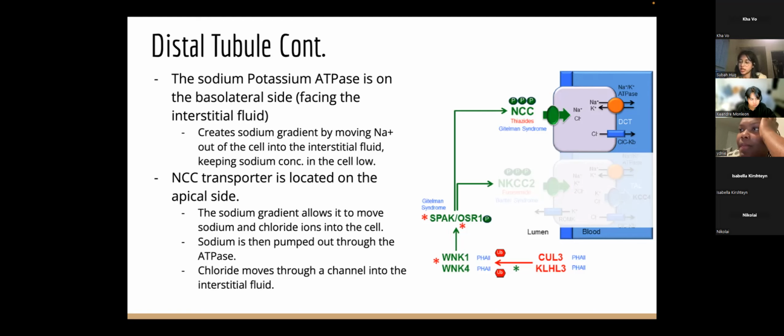So that means there's more water in the urine, and you increase the volume of the urine, and that would cause your blood volume to decrease as well. So if you use thiazide, you can treat high blood pressure, because it's going to increase the volume of urine, which should decrease the blood volume.